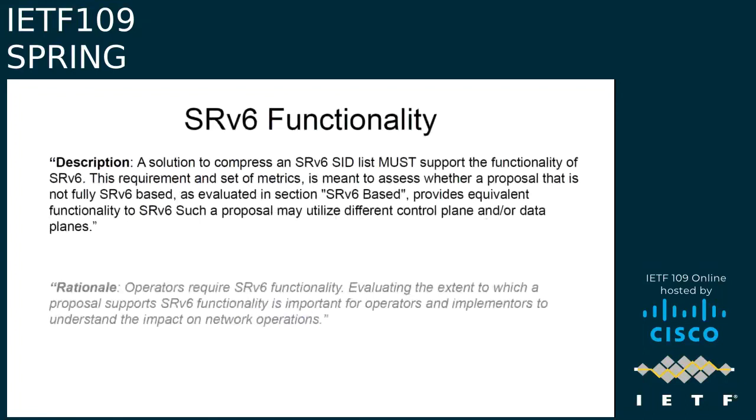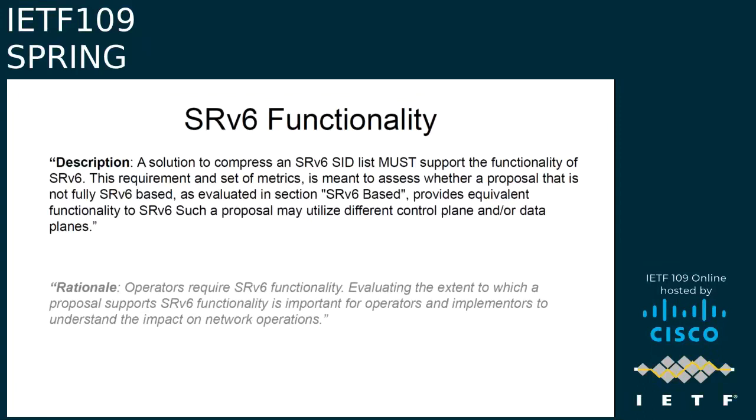Oh, yeah. So this one is about the SRv6 functionality. The description is that a solution to compress SRv6 SID lists must support the functionality of SRv6. This requirement and a set of metrics is meant to assess whether a proposal that is not fully SRv6 based, as evaluated in the SRv6 base session, provides equivalent functionality to SRv6.